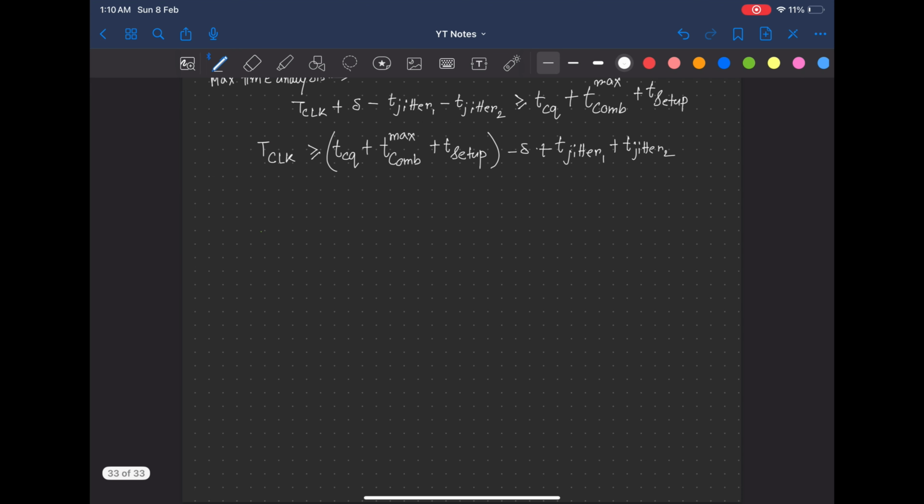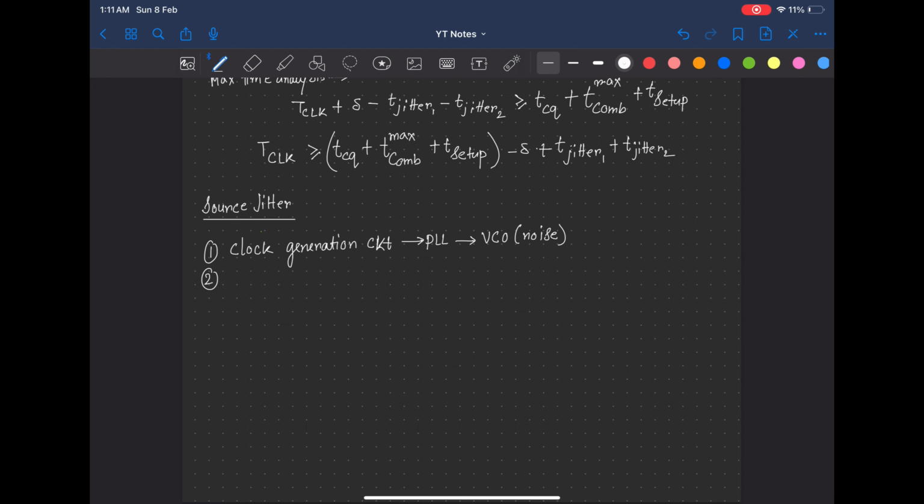Lastly, I want to add some of the sources of jitter: how process and environmental changes can impact the temporal variation in the clock. One is the clock generation circuit, which can be PLL or voltage controlled oscillator noise.